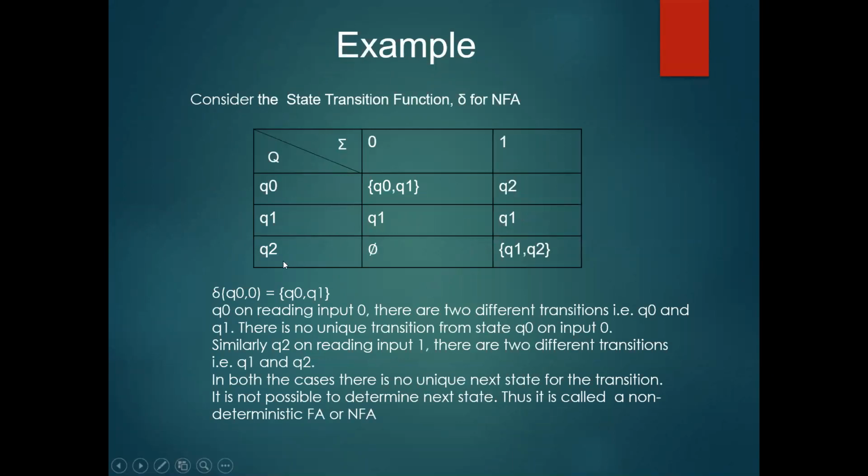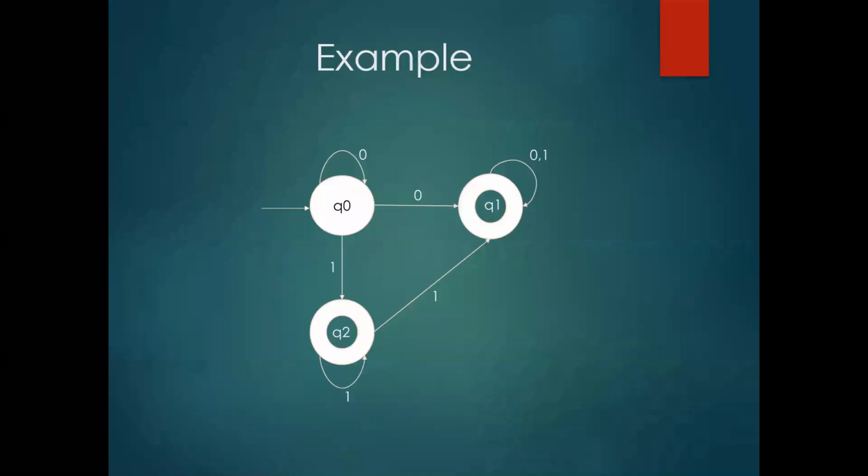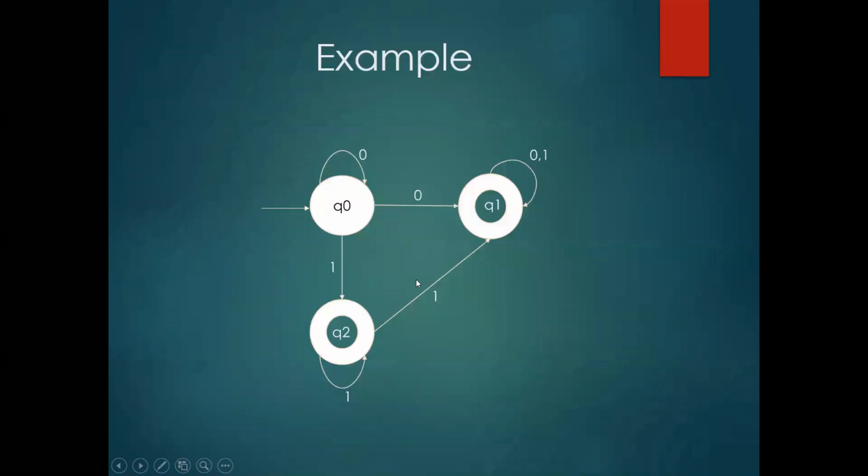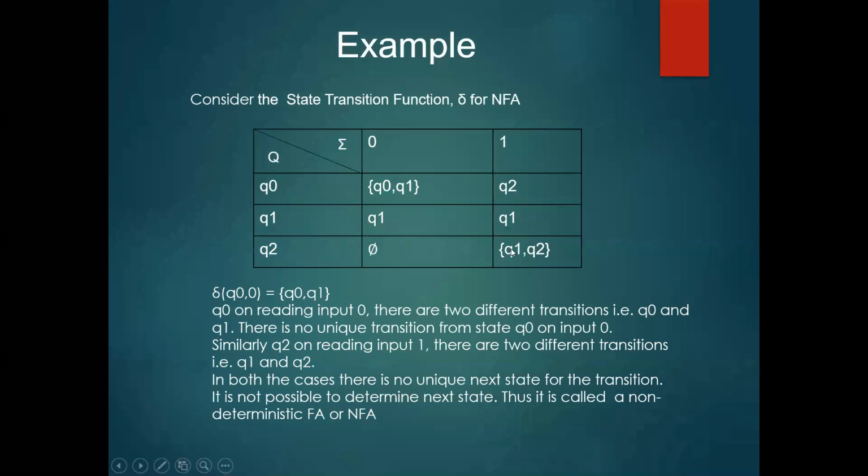And from state Q2, on input 0, there is no transition, and that is the reason here it is phi. And from state Q2, on input 1, you are transiting to Q2 and Q1, and that is the reason you could see here two states.